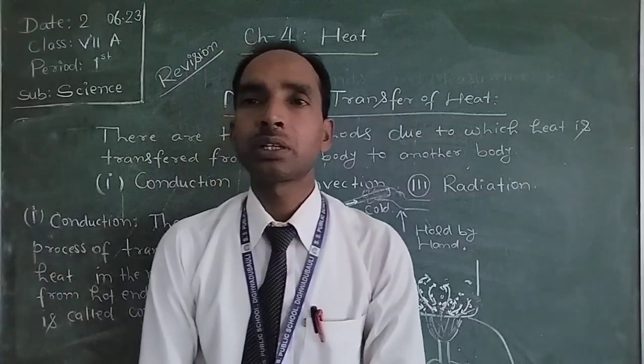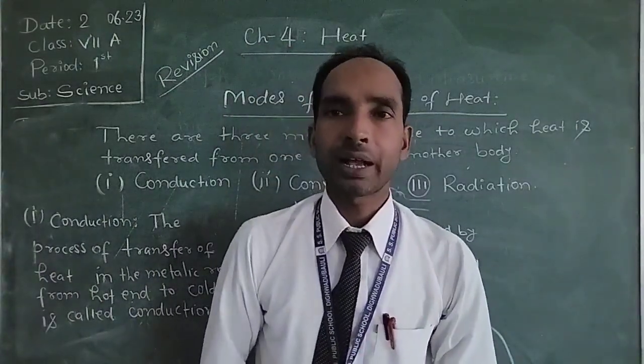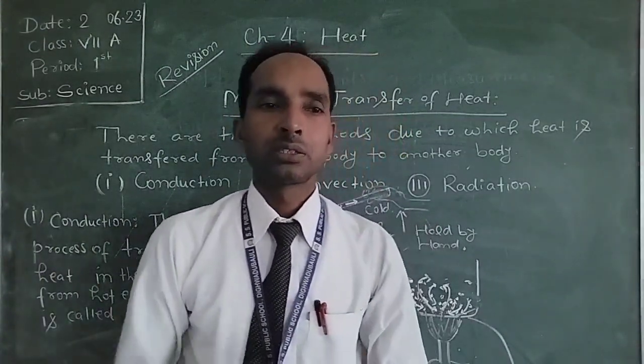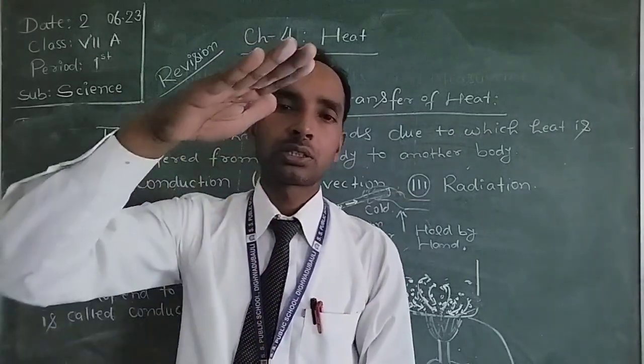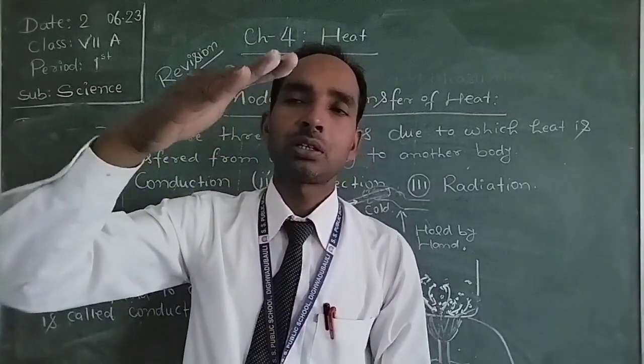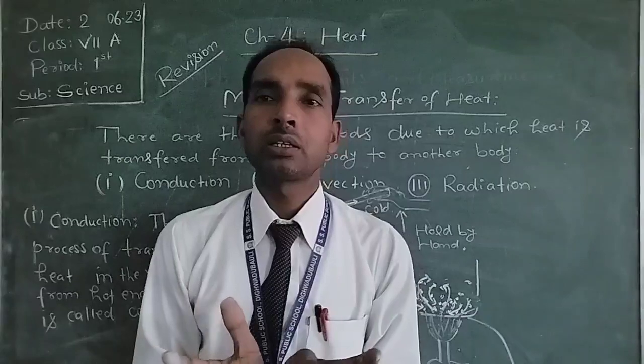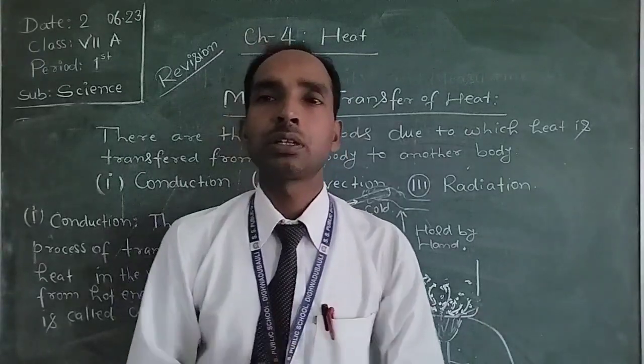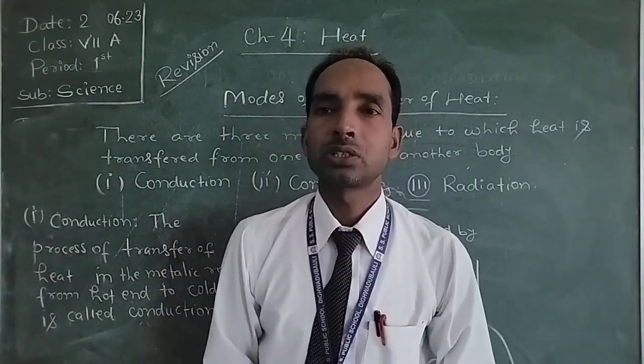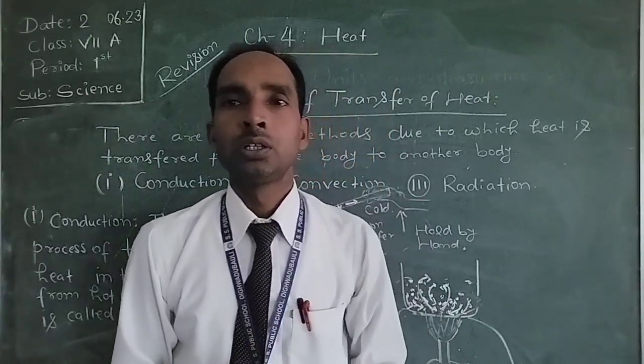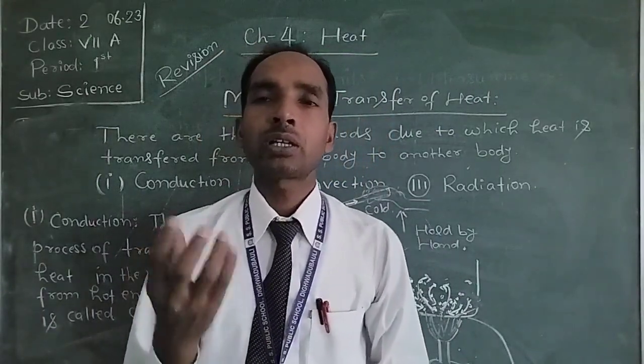Similarly, if we burn a candle, we see that the air on the top side becomes hot, while around the candle the air is not hot. So what do we conclude?